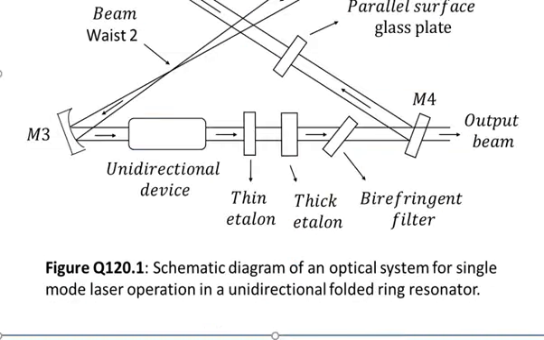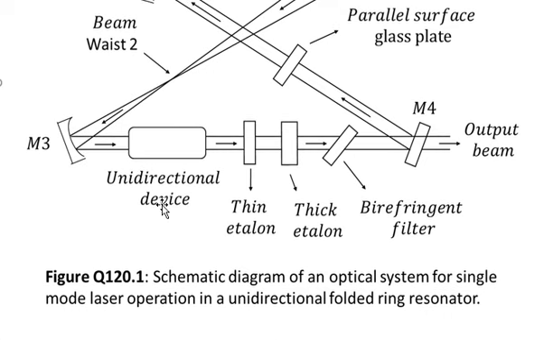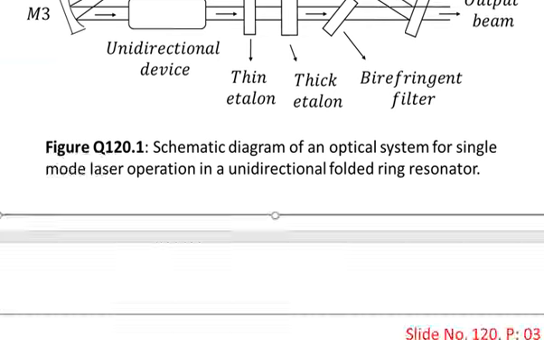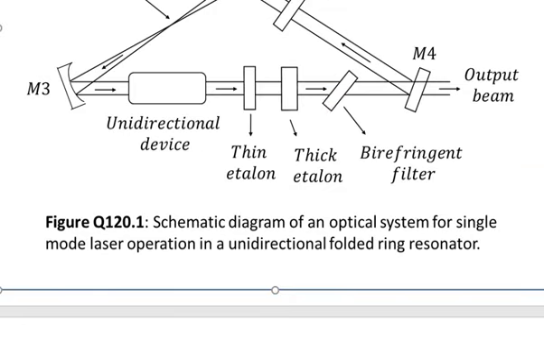So this unidirectional device actually consists of four components: the Faraday rotator, the birefringent plate, and these two components sandwiched between two identical linear polarizers having identical axes. And this unidirectional device has been explained in much greater detail in slide number 119. And you see that the components within this unidirectional device have not been shown.